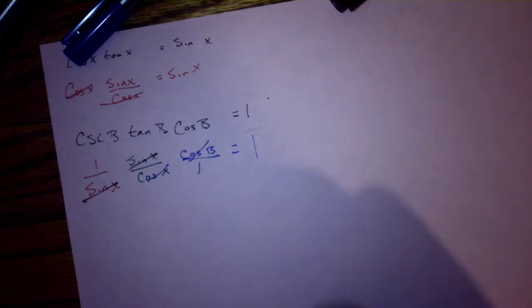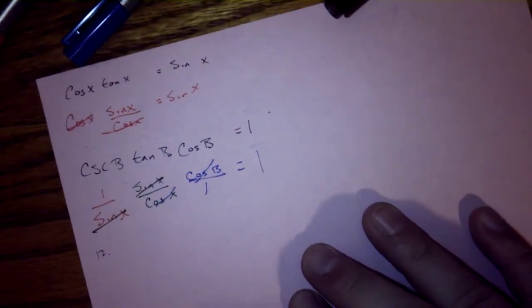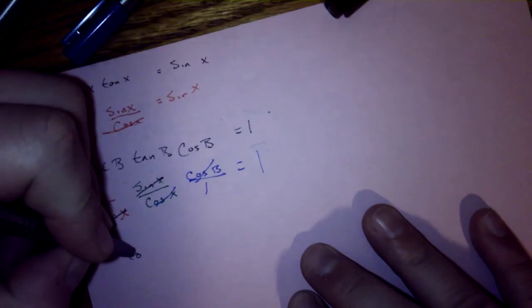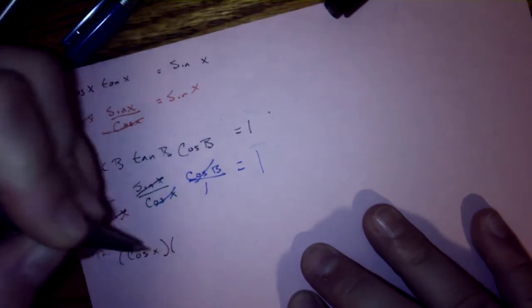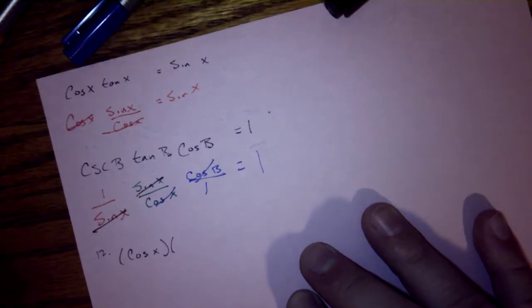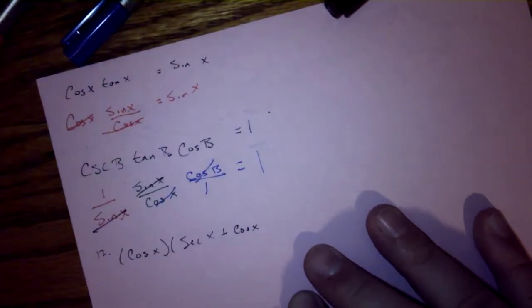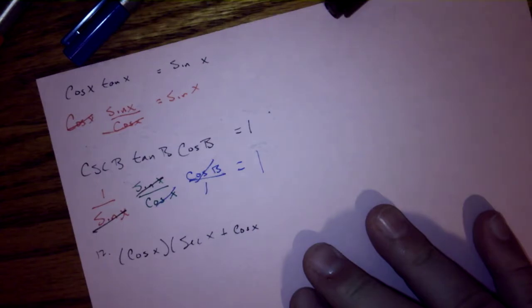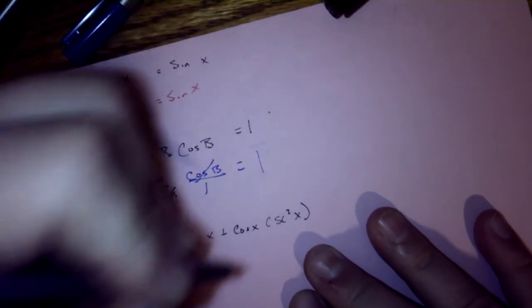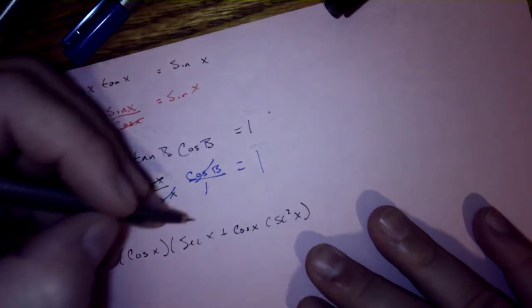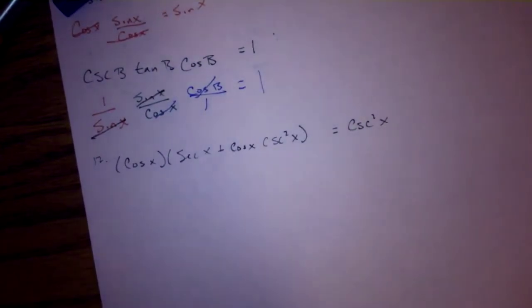Okay, so this is number 12. 12 is cosine of x times secant x plus cosine x cosecant squared of x. Looks hideous. And we want to turn that into cosecant squared of x. Okay.